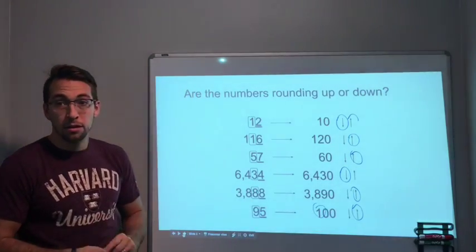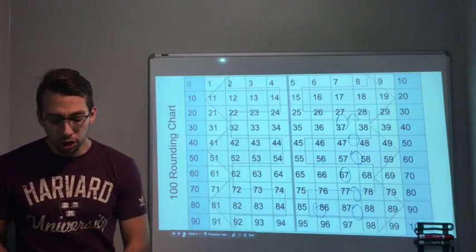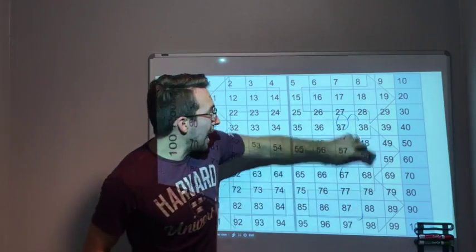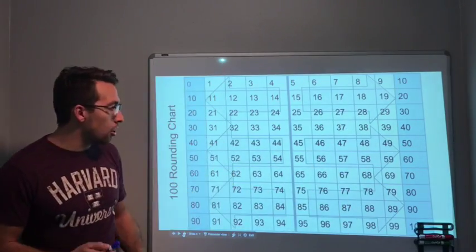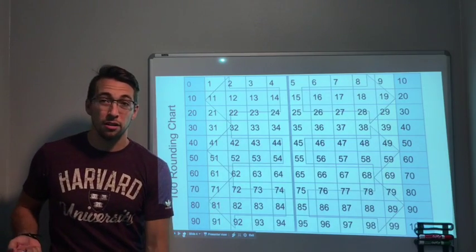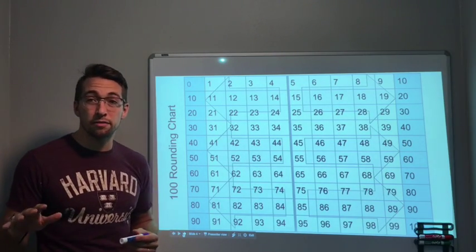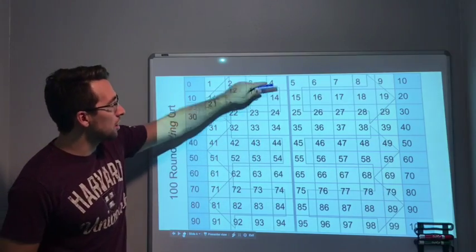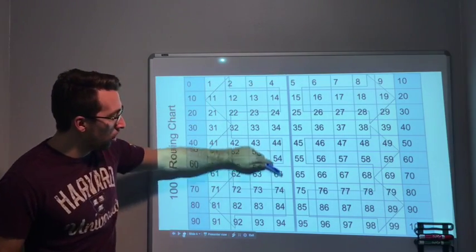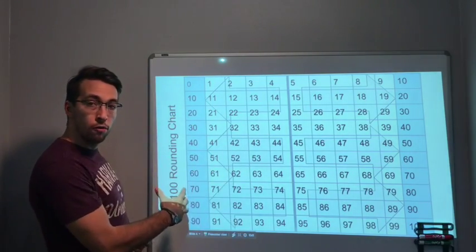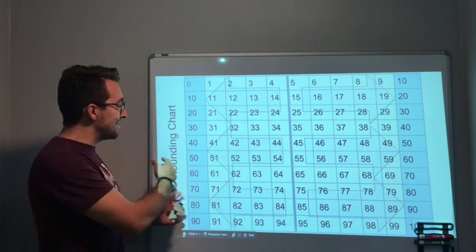Looking at this, we have a rounding chart. This is our hundreds rounding chart. You can take a screenshot of this. Essentially it says, if you have a 4 or smaller, you're going to round down.